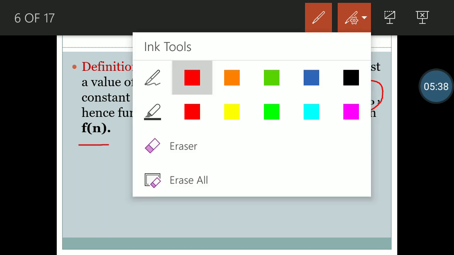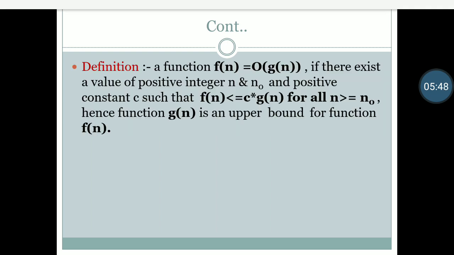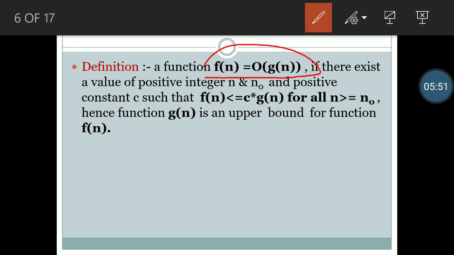This is a little bit tricky to understand, but just focus on the first thing given: f(n) is equal to big O of g(n). It means we have a function f(n) which can be of the order of g(n), where f(n) is less than or equal to c into g(n), and c is a positive constant.